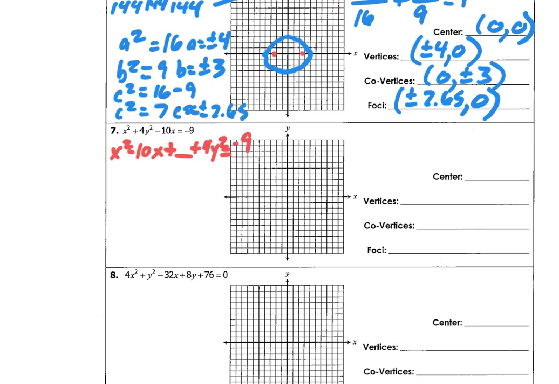And we're going to complete the square like we've done before. We're going to take the middle number, divide by 2 and get -5, and -5 squared would be 25. -9 plus 25.